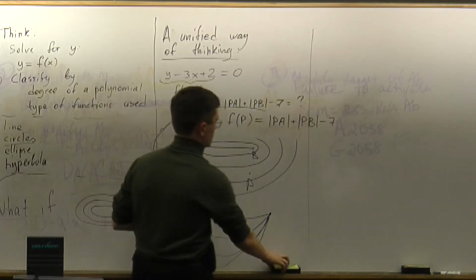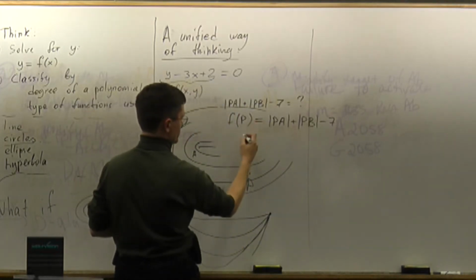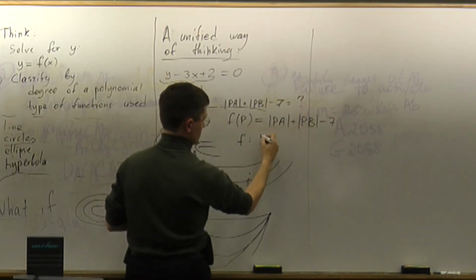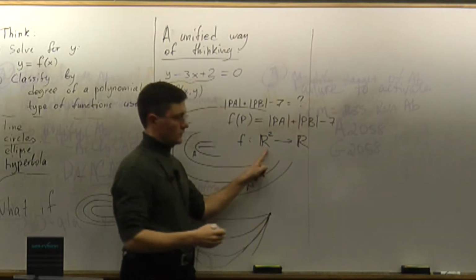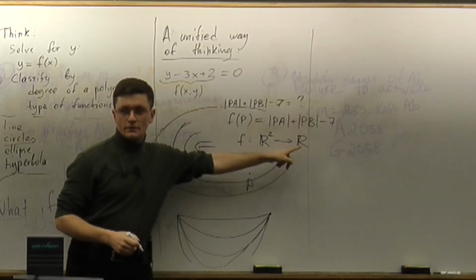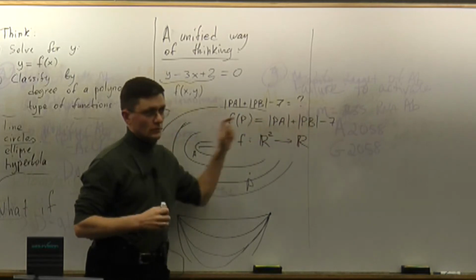So abstractly speaking, this function in this particular example is a function from a plane to a line. It takes any point on this plane and assigns a number using that formula.